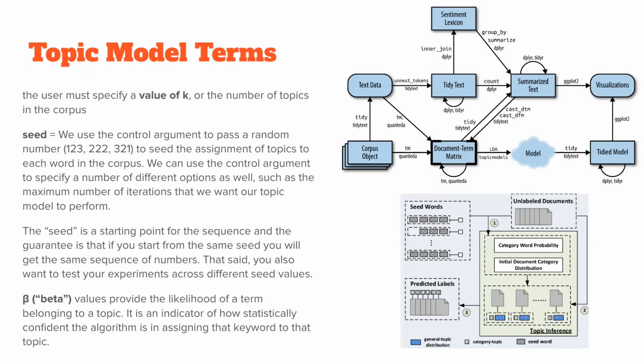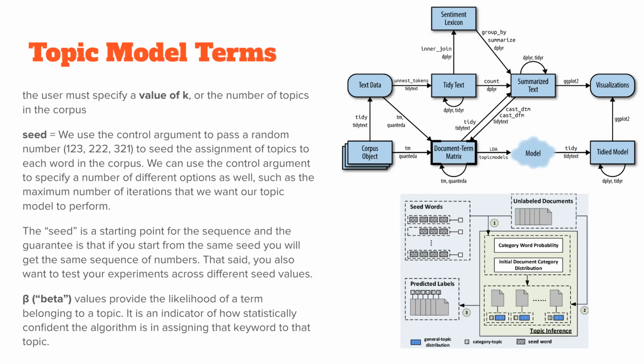So if we are exploring, let's say, constitutions of 100 countries, we would be interested in looking at how citizenship is defined, how the legal system is defined, how laws are defined. So identity, citizenship, laws, state structure, these would all be topics.